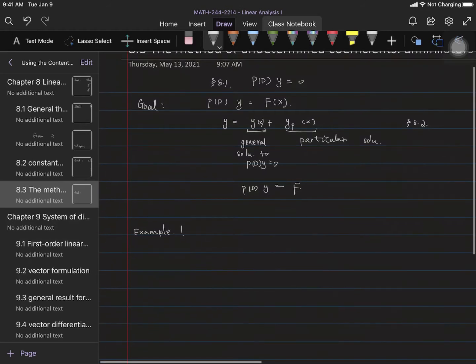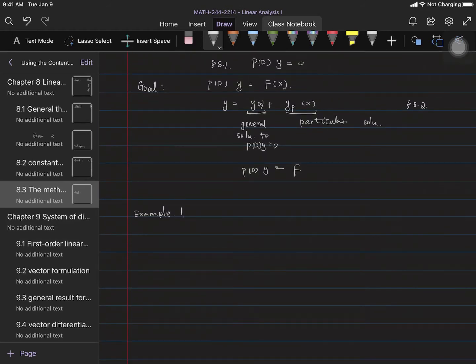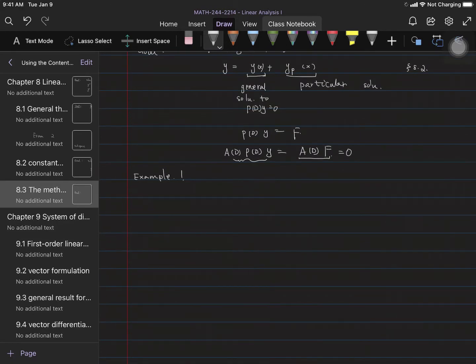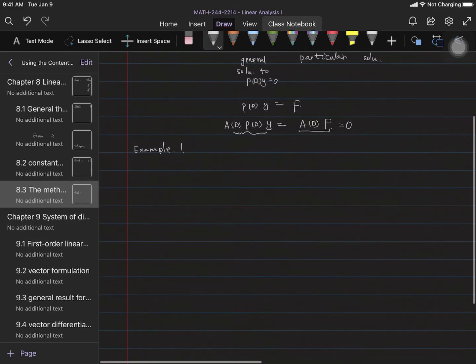So we want to multiply both sides of the equation by another operator, for example AD, so that AD times f becomes 0. In this case, the equation becomes homogeneous, and we can solve it. So we just want to change a non-homogeneous equation into a homogeneous one and then solve it. That's the idea. Let's see the example.